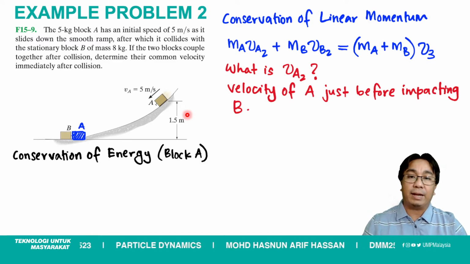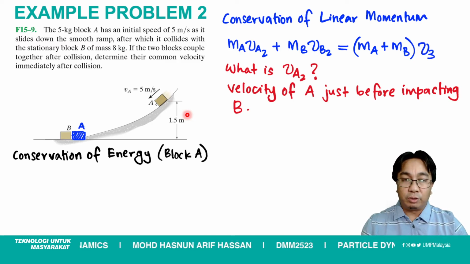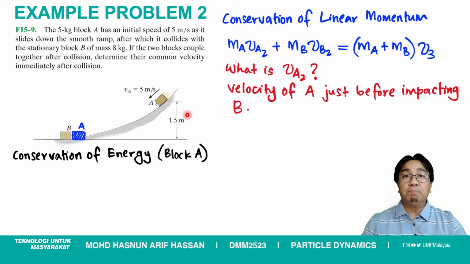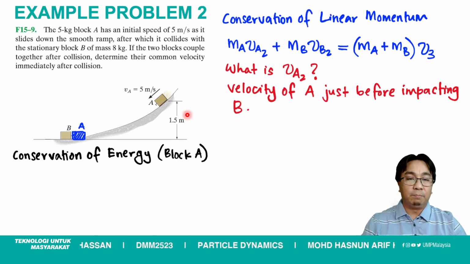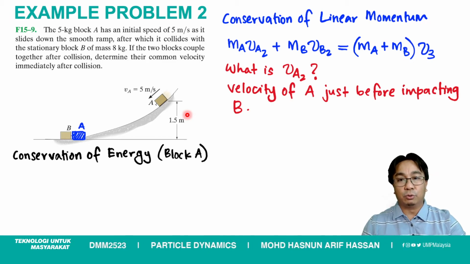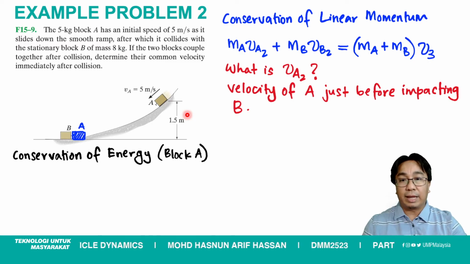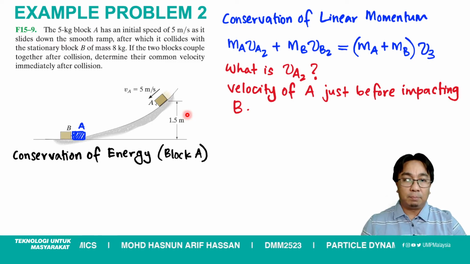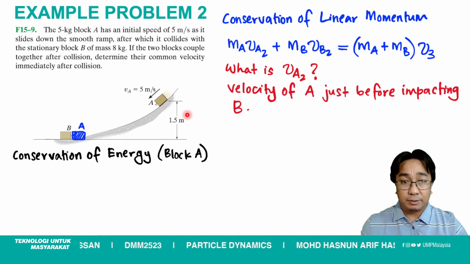This goes back to chapter 3. I just want to remind you that the impulse and momentum chapter usually will also involve what we have learned in chapter 3, that is work and energy. So most of the time you have to use knowledge from both chapters.